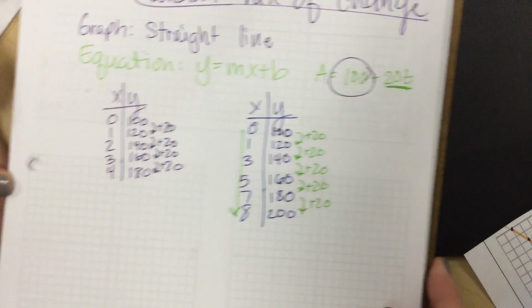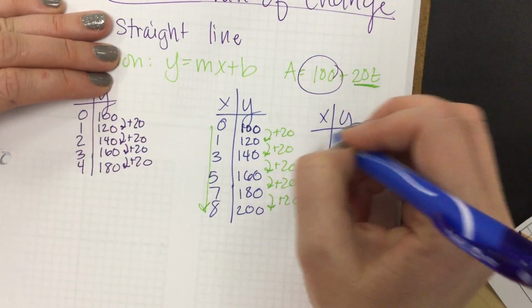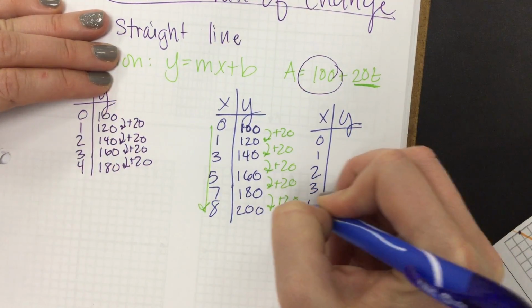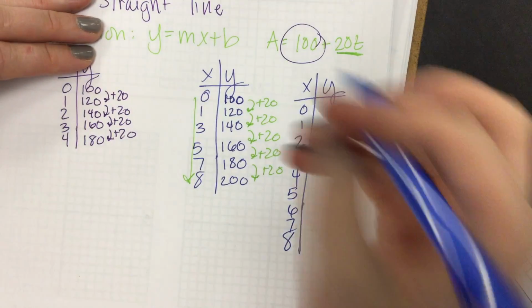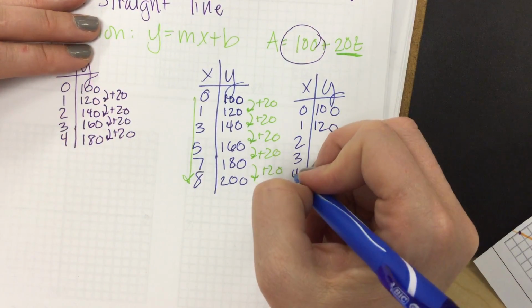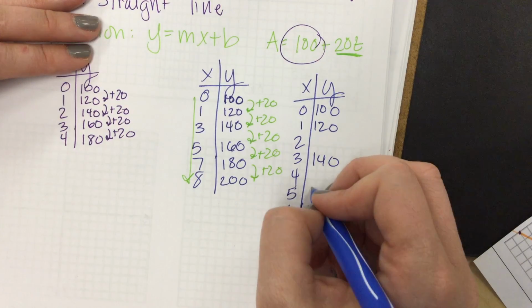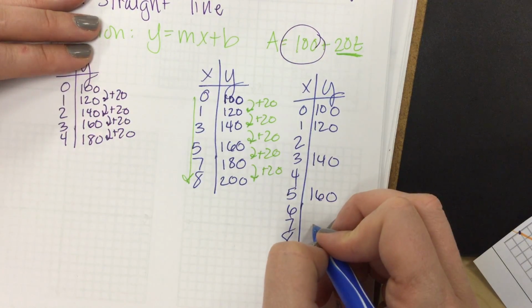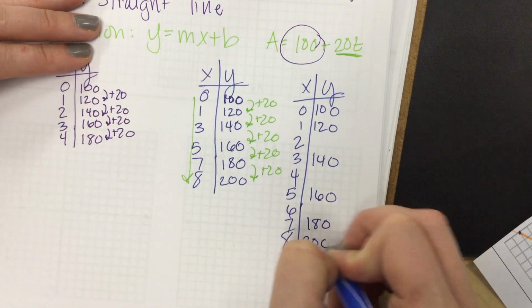So if you were to extend this table out to 0, 1, 2, 3, 4, 5, 6, 7, and 8, and have $100 to start, after 1 week, 120, at week 3, 140, at week 5, 160, at week 7, 180, and at week 8, 200.